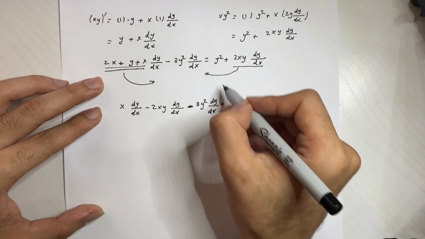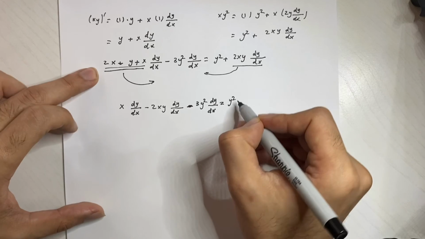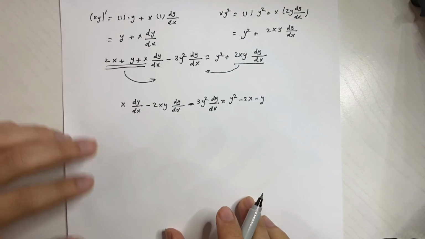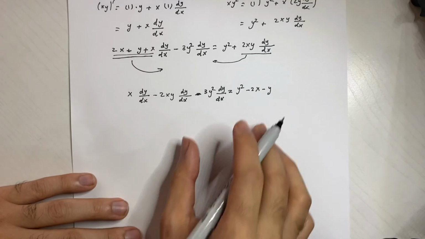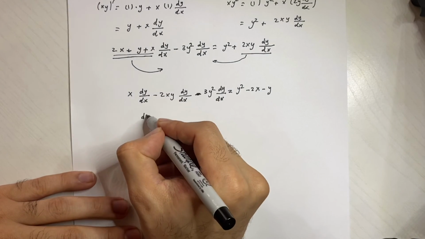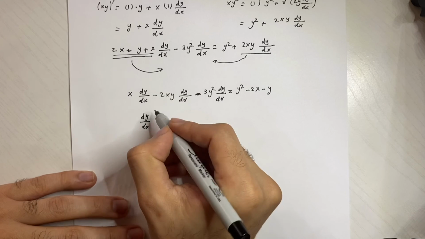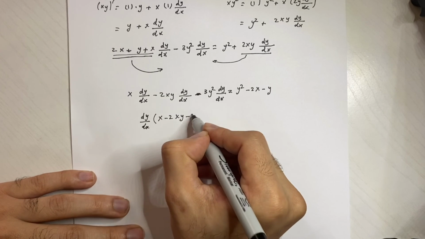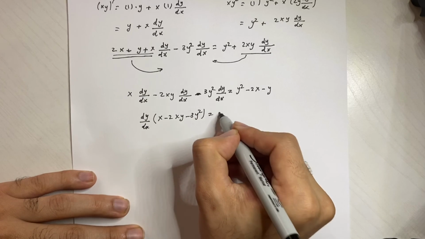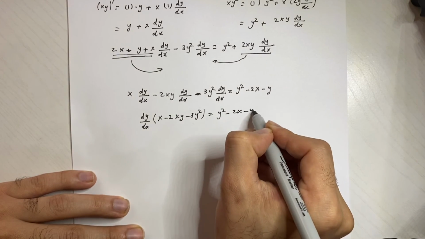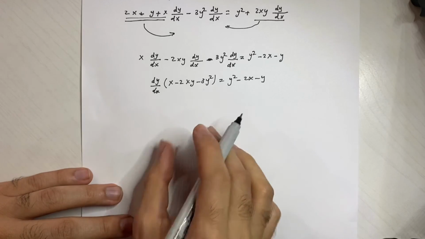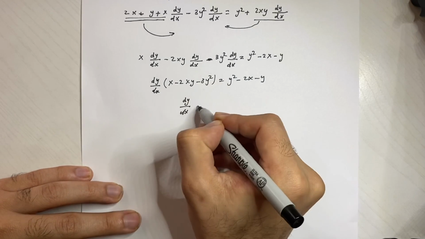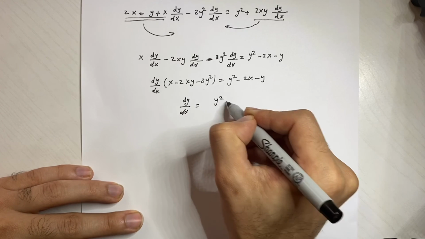Now the other side is going to be y squared minus 2x minus y. Now we can factor dy dx on the left side. So dy dx times (x minus 2xy minus 3y squared), and the same terms on the right side. Now I'm going to divide both sides by what's in front of dy dx.